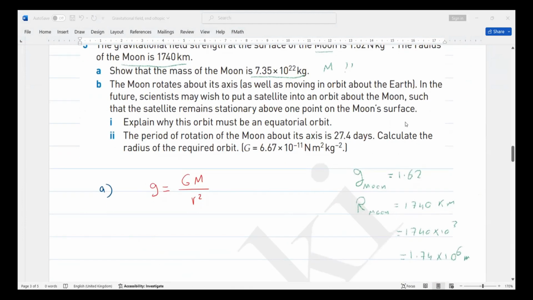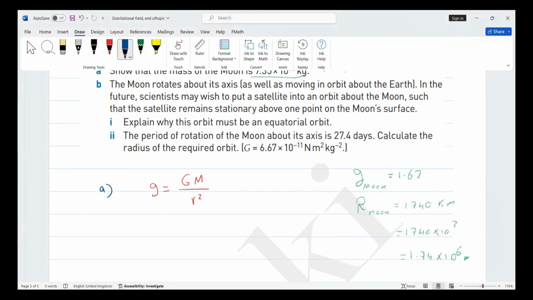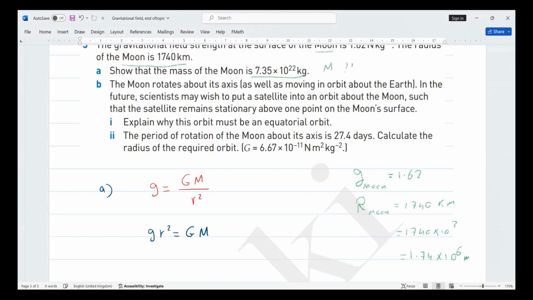Now, rearrange the formula to write M as the subject. Now, how to rearrange this one? Multiply by r squared. So we write g r squared equals GM.